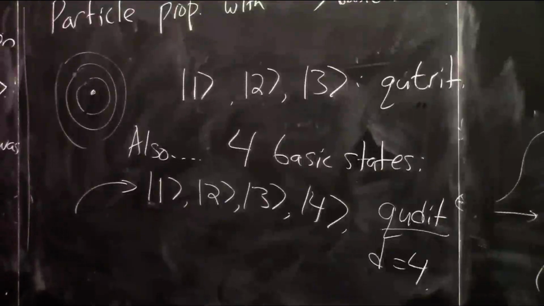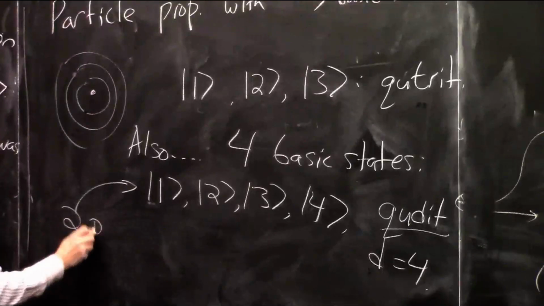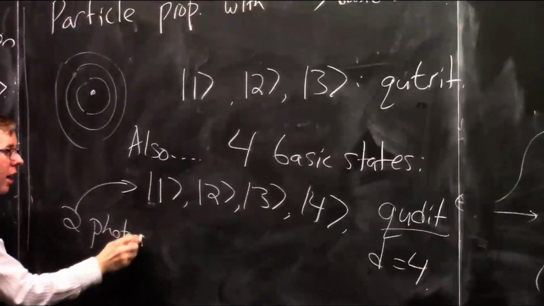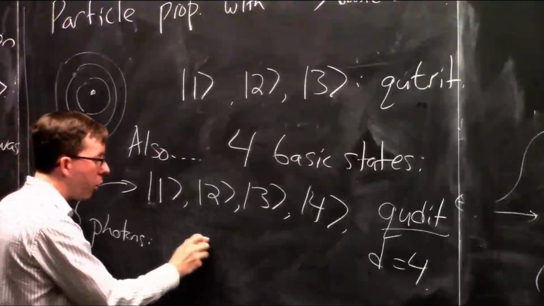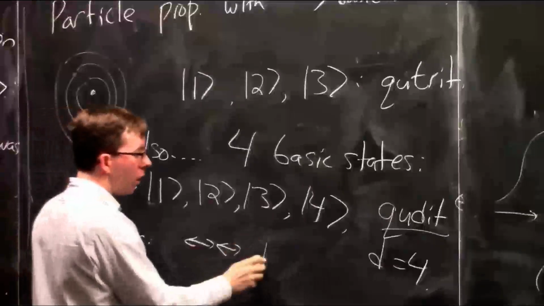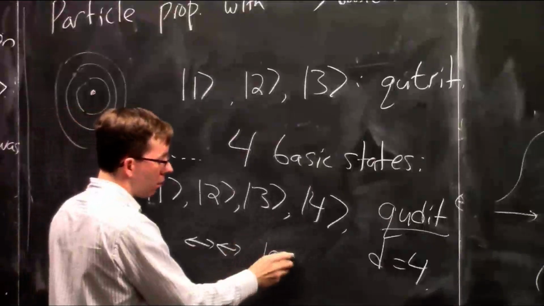The most common way to have this is to just have 2 photons. If you have 2 photons, you can consider them to be a joint quantum system, or a superparticle. If they're both horizontally polarized, you call that 0,0.